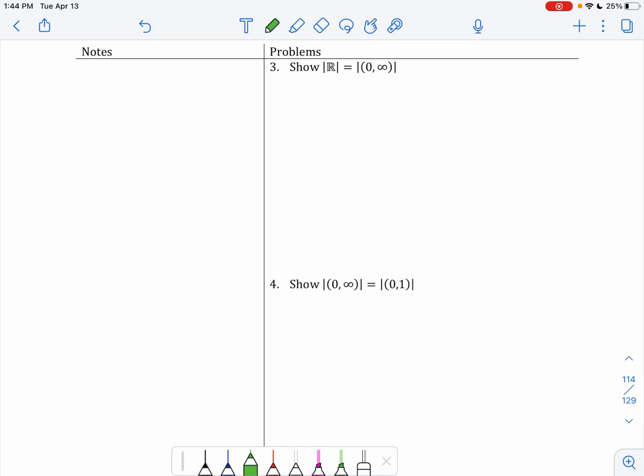So when I write my bijection from the real numbers to 0 through infinity, the question here is what function can I have any x value in but only get positive y values? So I can go from negative to positive x values, but only positive y values.